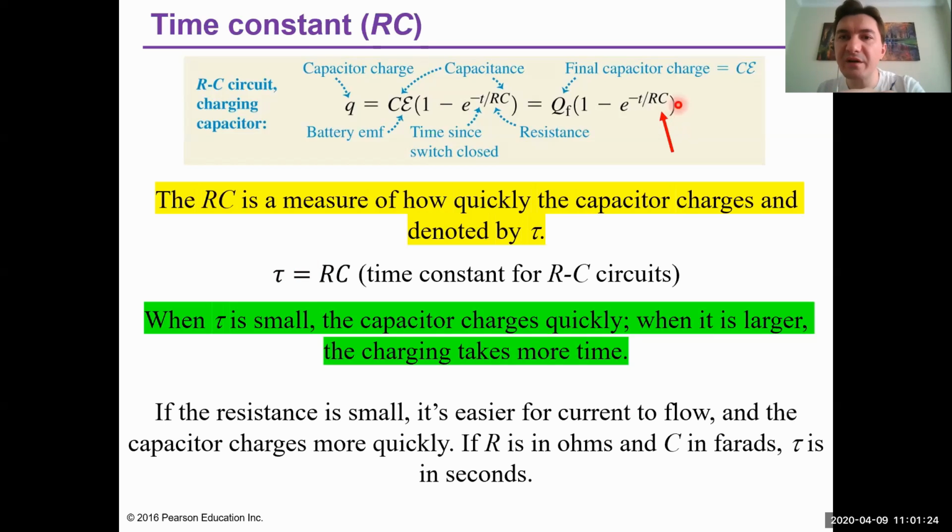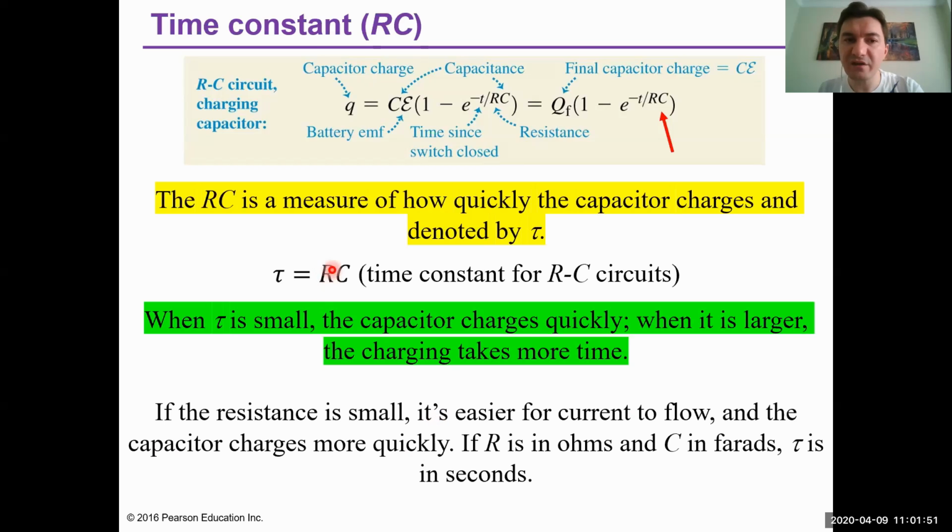If it is bigger, then it will take so much time to fully charge the capacitor. If this is smaller, then it will take less time to fully charge the capacitor. Since it depends on the resistor, if we have small resistance, then it is easier for current to flow and the capacitor charges more quickly.